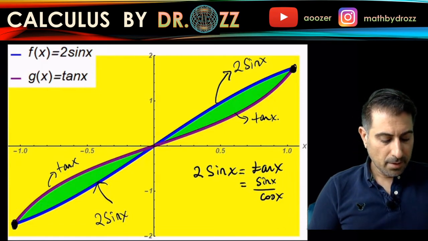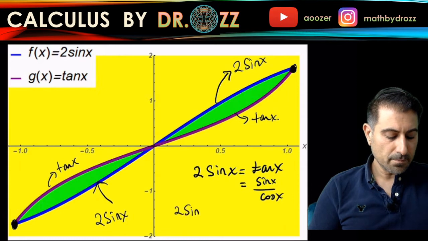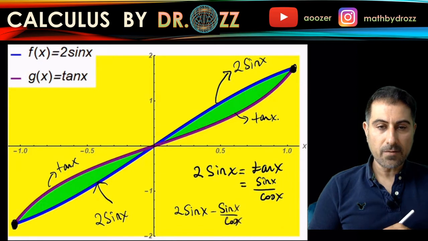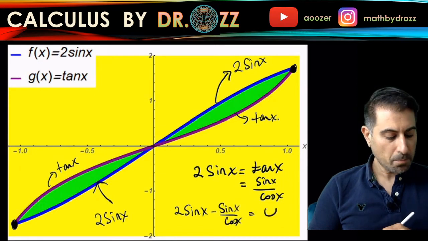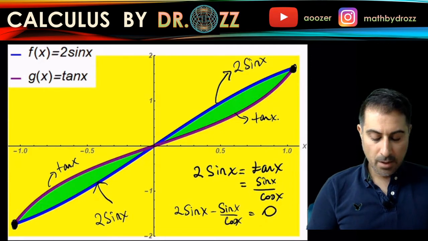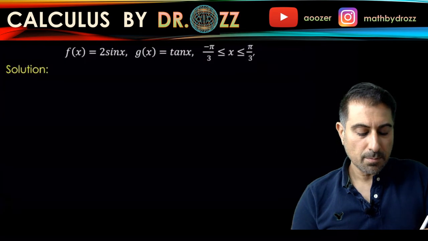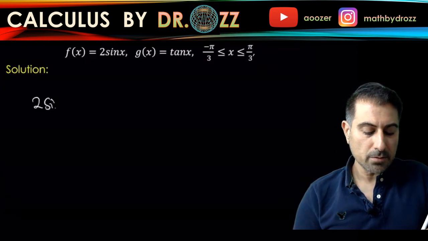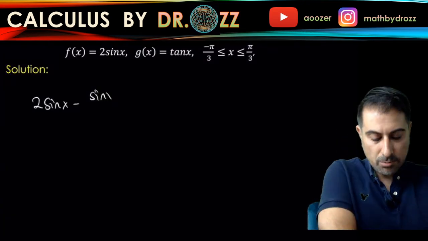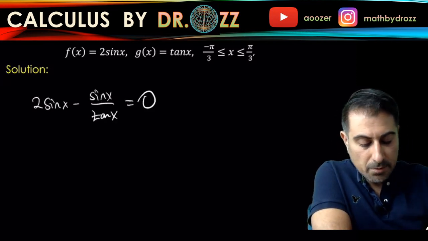So I'm going to subtract it from both sides, so that I have this nice equation to solve. Okay, let me just copy this all the way to the new slide and work through that over there. So 2 sine x minus sine x over cosine x is equal to 0.